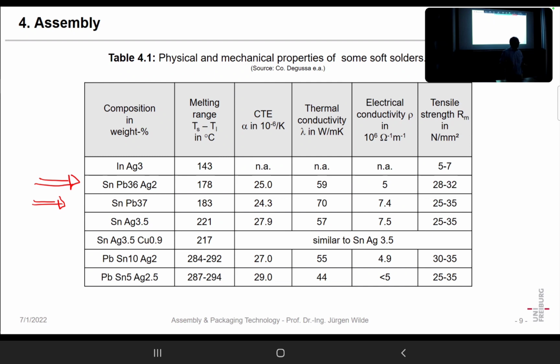But on the other hand, you also have electronics, for instance, quantum computers. They work near the absolute 0 point of temperature. And for that, you cannot have normal solder alloys because they become very brittle. And here indium alloys are better. They are more ductile even at low temperatures.